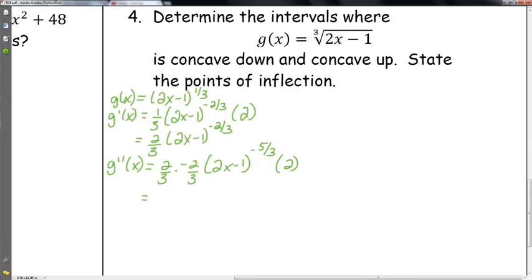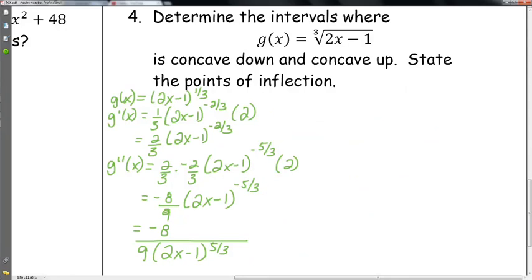So I have 2 times negative 2 times a positive 2. That gives me negative 8 over 9 times (2x minus 1) raised to the negative 5/3. Well, that's just going to be negative 8 all over 9 times (2x minus 1) raised to the 5/3.